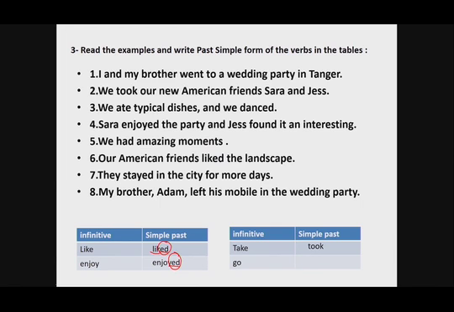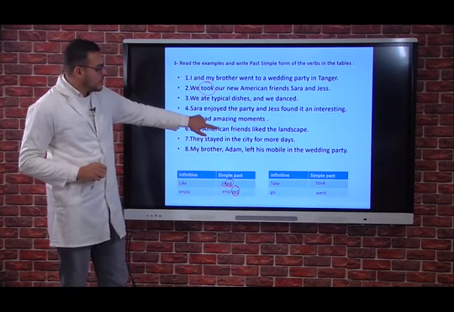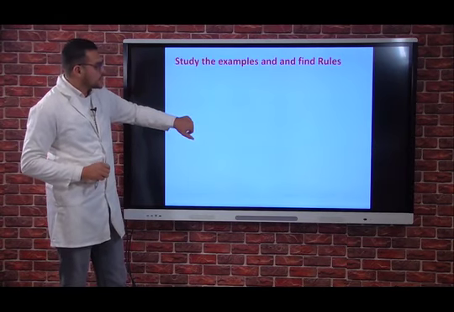The simple past of take is took. So we took our new American friends, Sarah and Jess, with us. Go, the verb to go, we say went. So when I say go in the past, I say went. This is the form of the simple past of go.